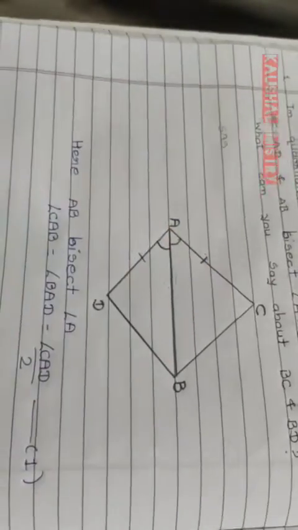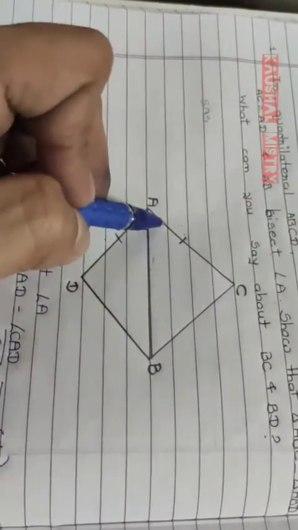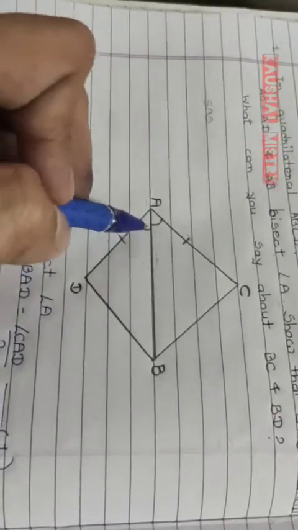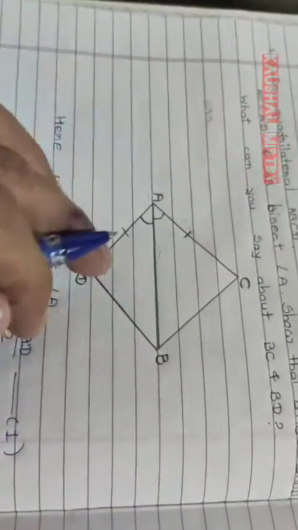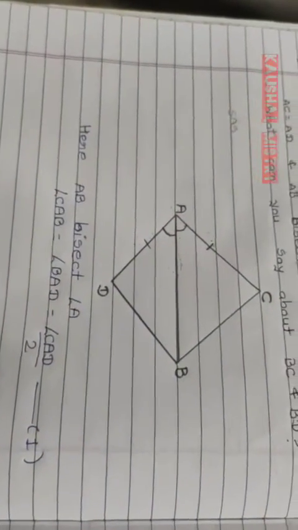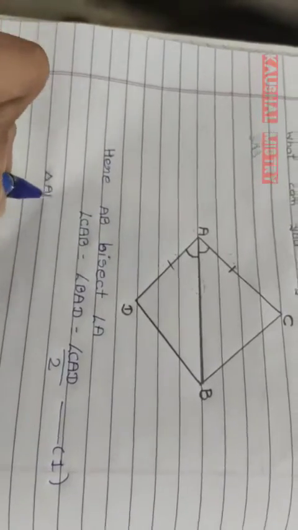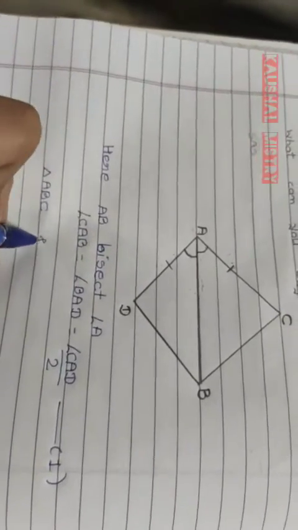That means these two triangles are congruent by the SAS congruence rule, right? So triangle ABC and triangle ABD.